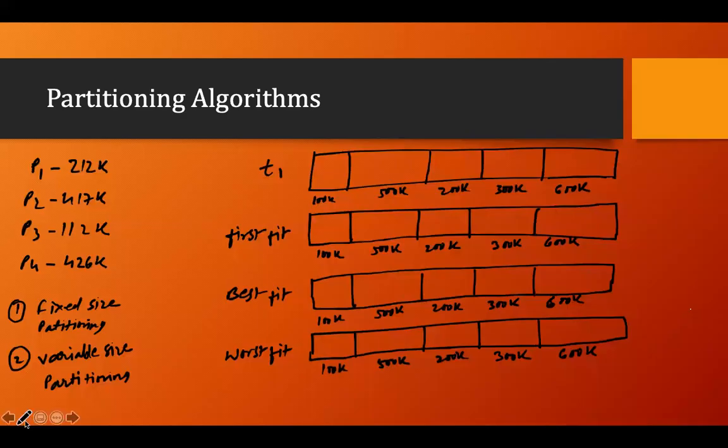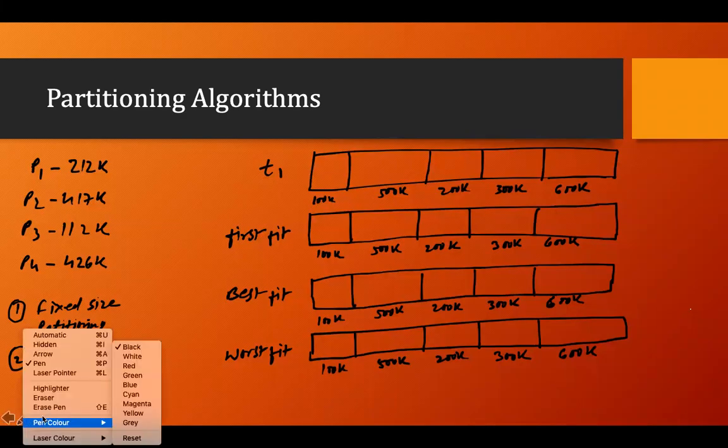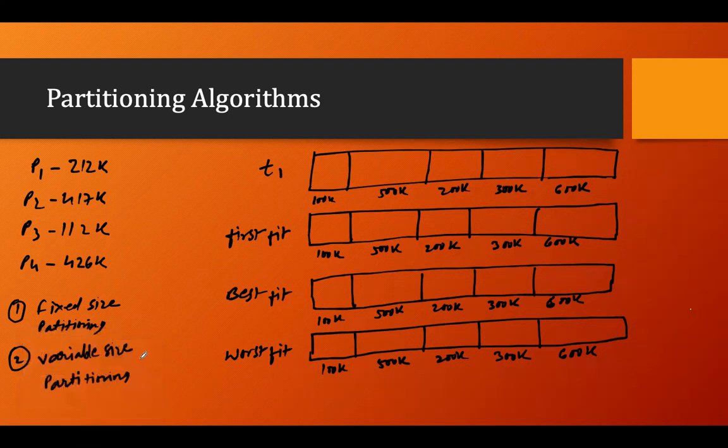Now, the next one that we'll see is variable size partitioning, in which we see all three cases: first fit, best fit, and worst fit. Let's see how it works. The first one is P1, for which 212 KB is required. First fit will find the first one.